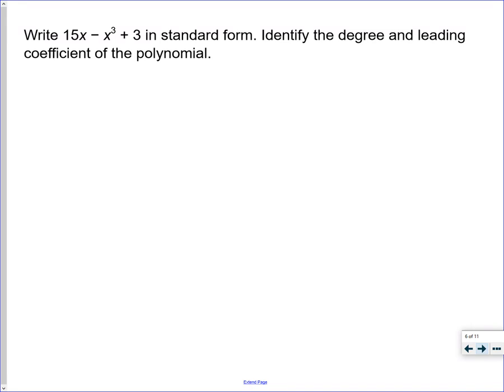It's just going to be 12. In this problem, I want to put this polynomial into standard form. And then I want to talk about what the degree is and what the leading coefficient is. So when I see 15x minus x cubed plus 3, I would maybe do a keep, change, get a 1 in there. Then I want to put these in order.